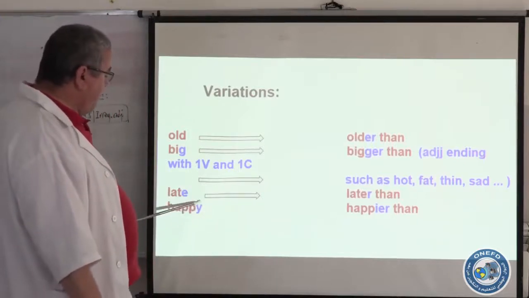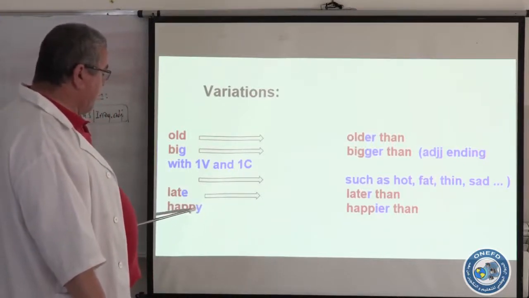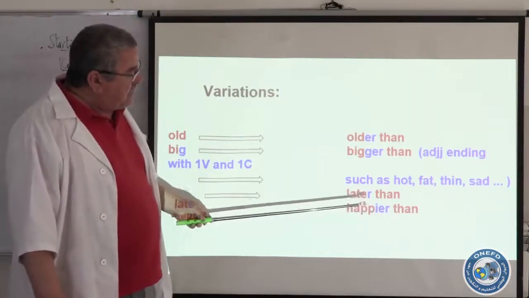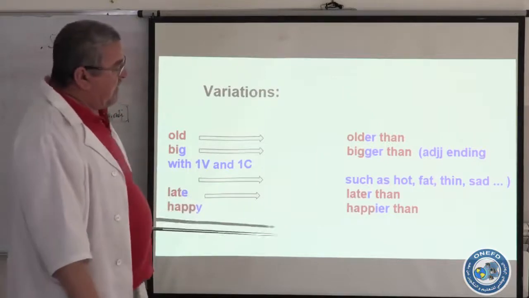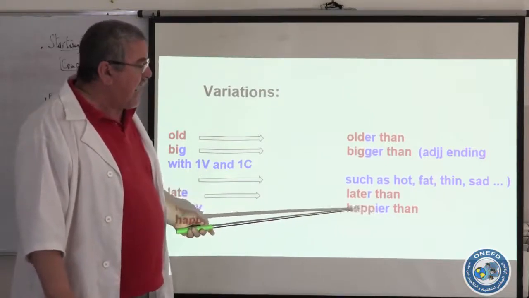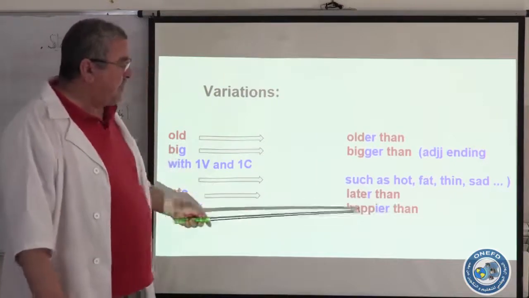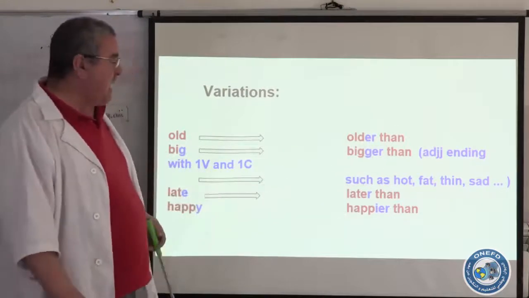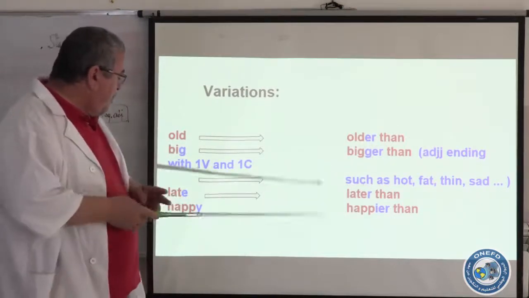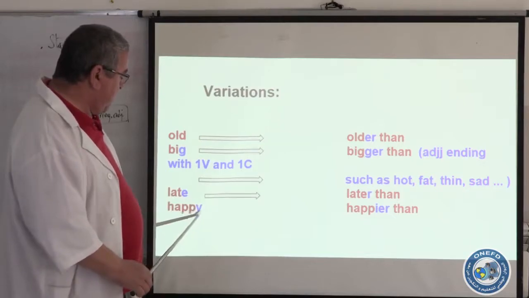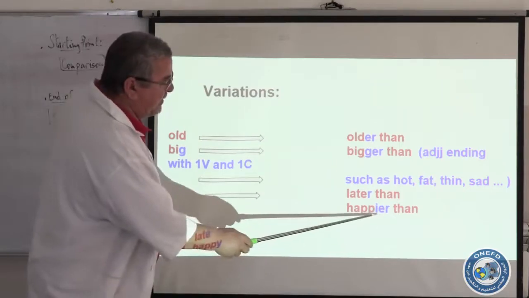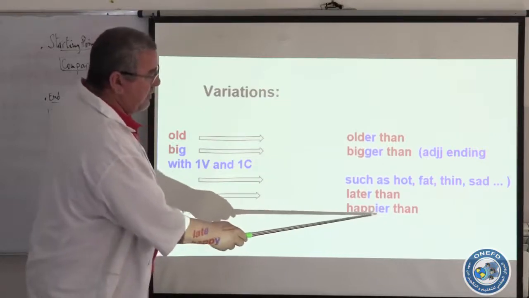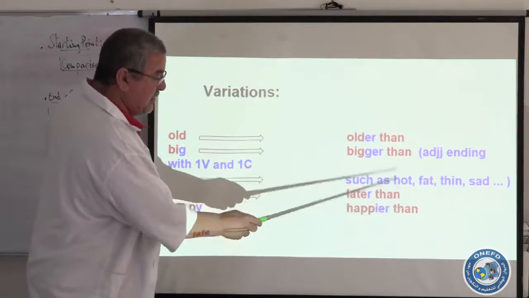As for happy, which is an adjective which ends in Y, we simply delete the Y and replace it with I. Happier than, easier than, healthier than, and so on. So all adjectives which end in Y must have this form here: happier, healthier, dirtier, easier, and so on.